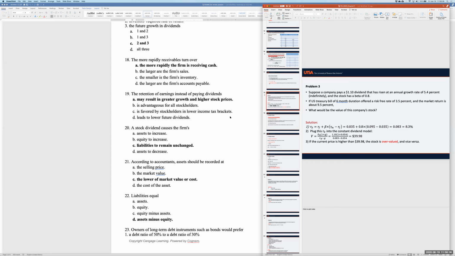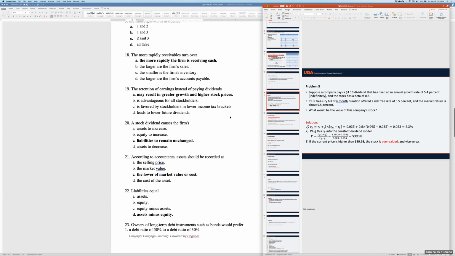The more rapidly the firm is receiving cash, meaning the firm's accounts receivable are getting lower and lower, right? Definitely the answer is A.